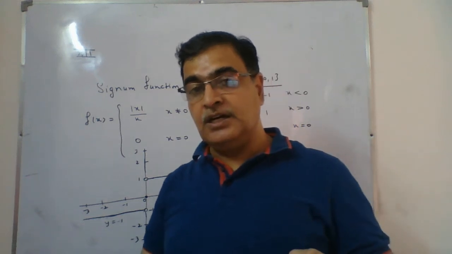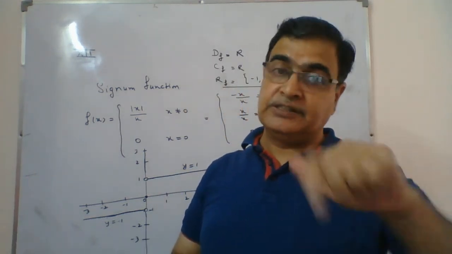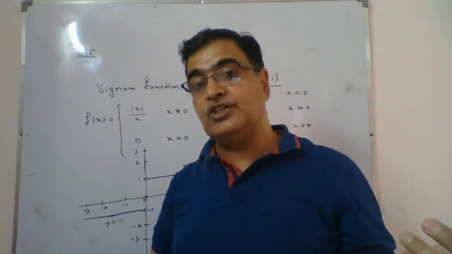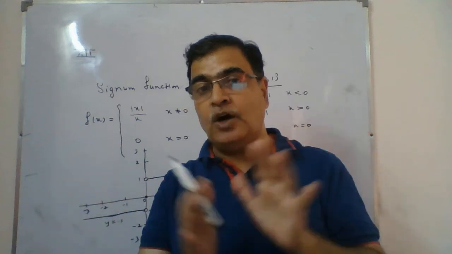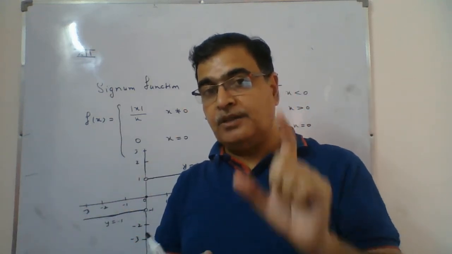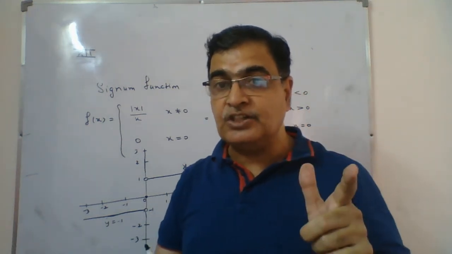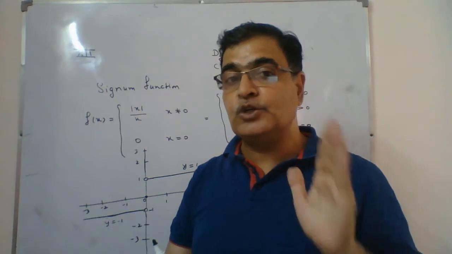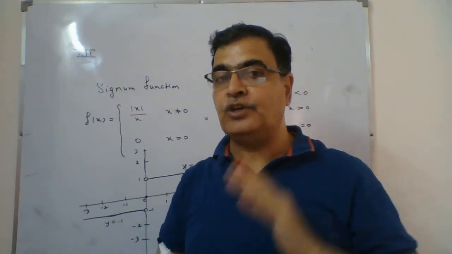In this video I told you about the smallest integer function. In the previous video I told you about the greatest integer function and the modulus function. These are standard functions and you should now have an idea about their continuity and differentiability. If someone says greatest integer function, we directly say it is not continuous and not differentiable.